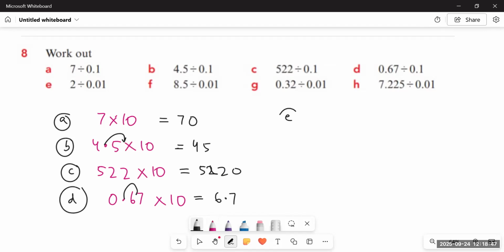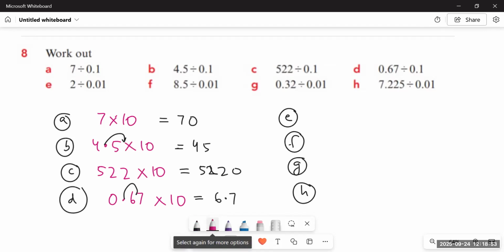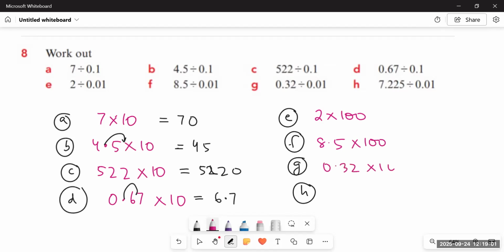Now let's do the remaining 4 parts, E, F, G, H. So it's 2 multiplied by 100, 8.5 times 100, 0.32 times 100, and 7.225 times 100.